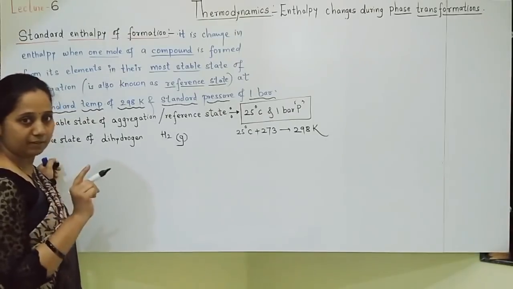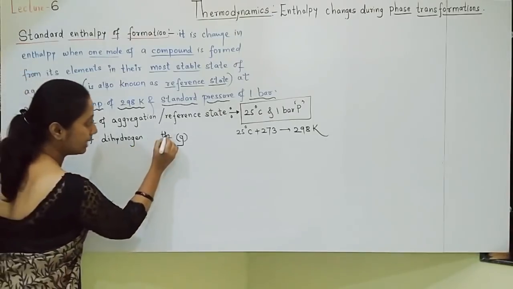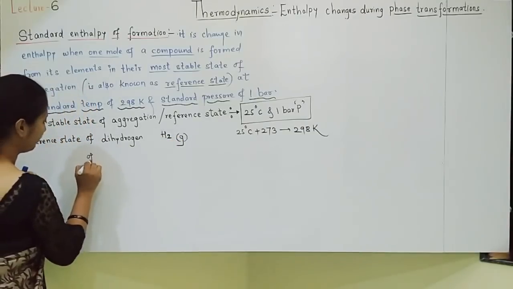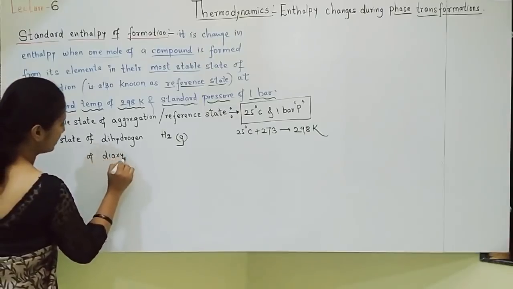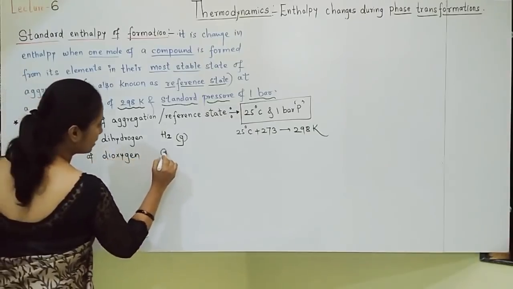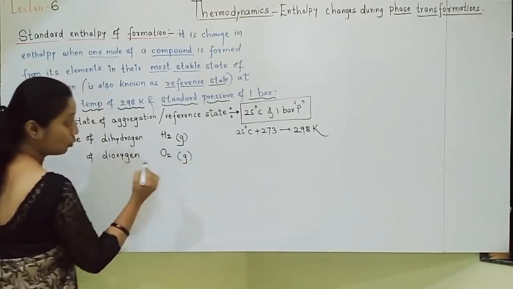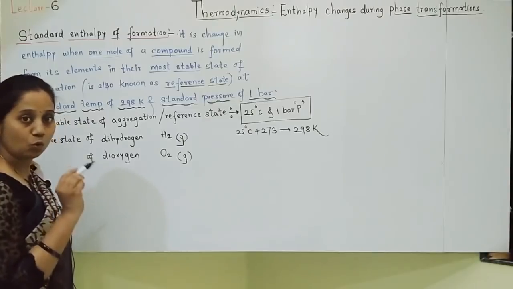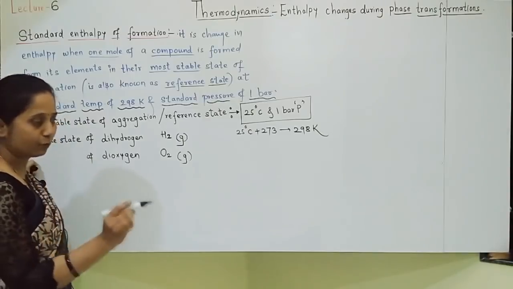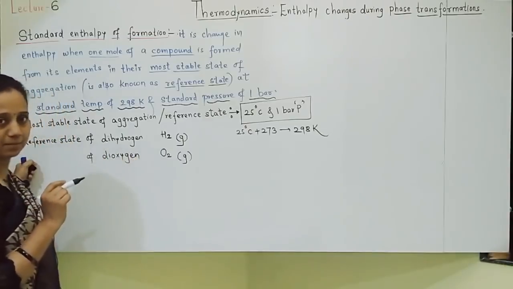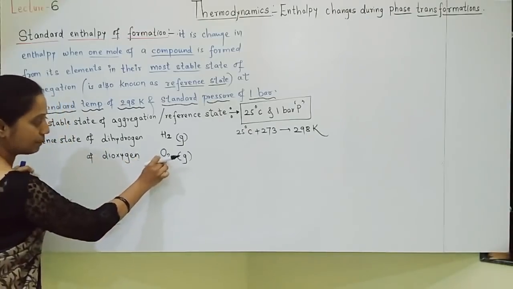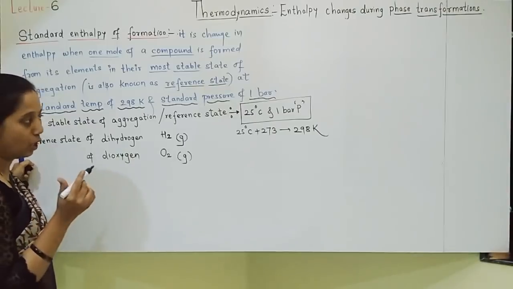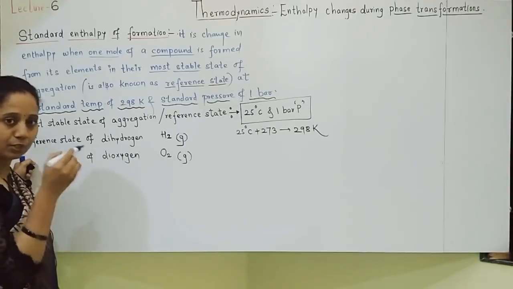Hydrogen's stable form is H2, diatomic hydrogen in gaseous form. The reference state of dioxygen is O2 gas. Which is the most stable form of oxygen? O2, not O3 or O4. This is an aggregation of two atoms, the stable form of oxygen, and that should be taken for formation. How to write equations, I will teach you slowly.